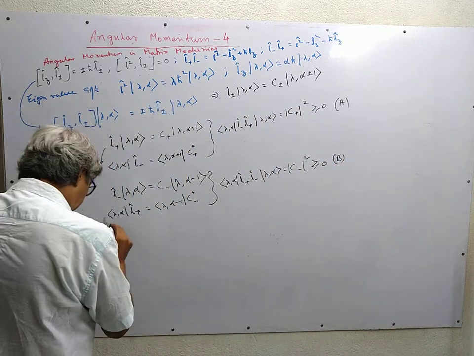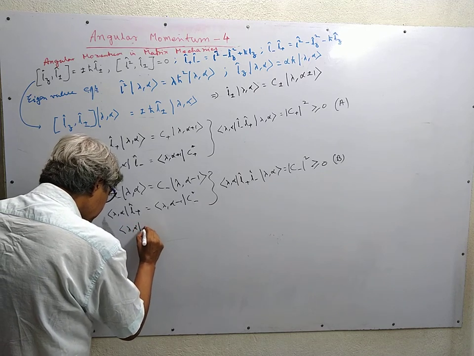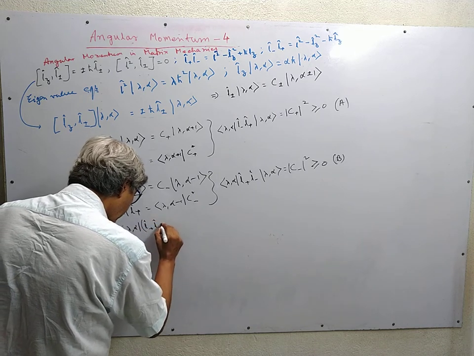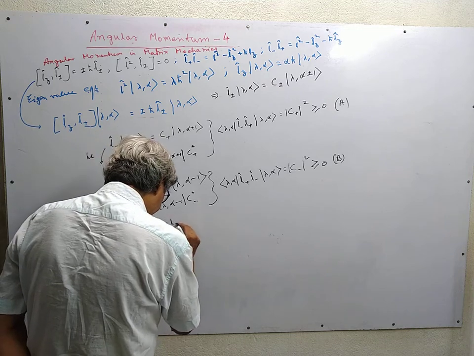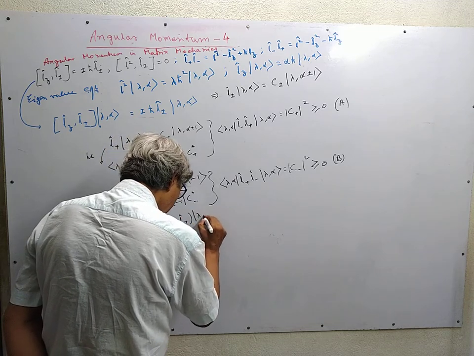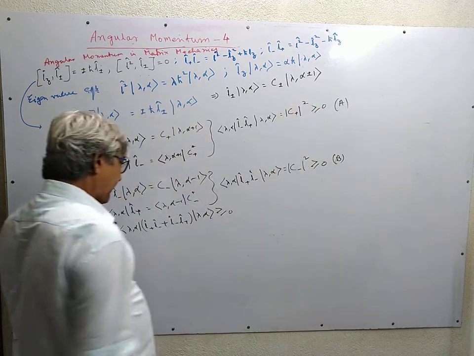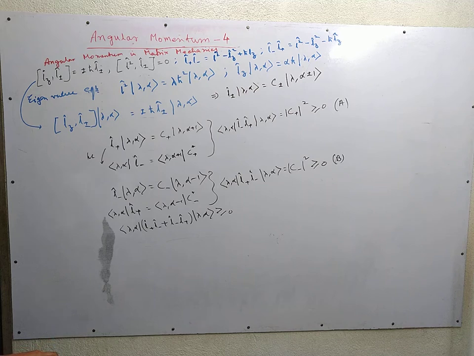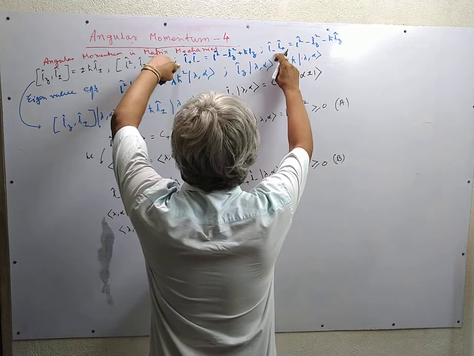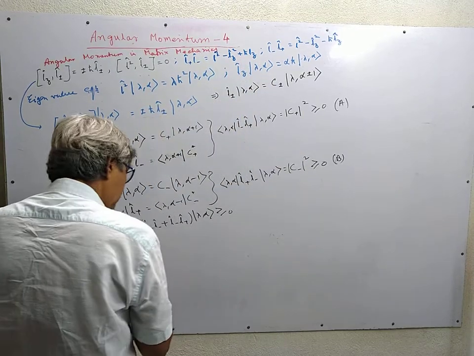If we add equations A and B, this is greater than 0 because we are adding two non-negative quantities, and it must again be a non-negative one. If you add these two expressions, this part goes, so we have 2L square.